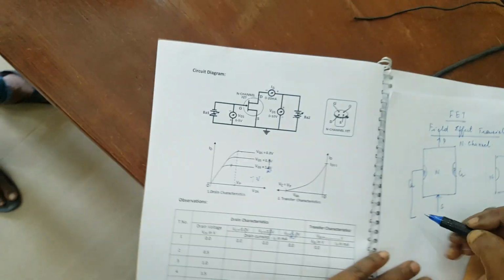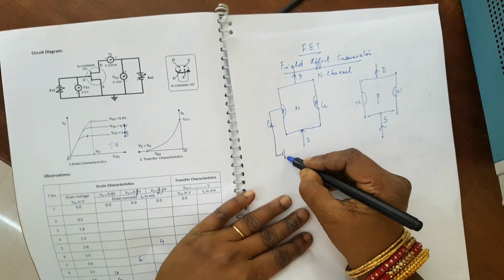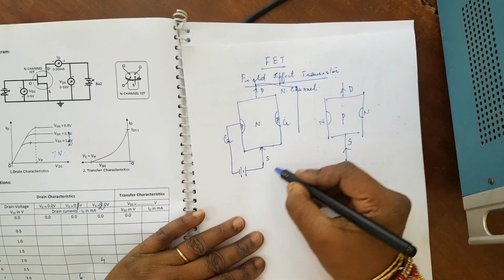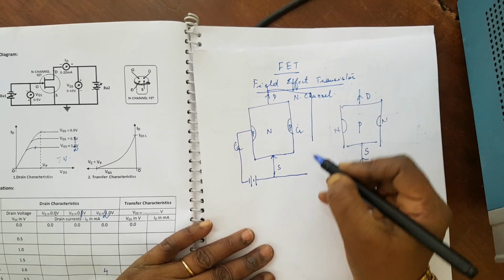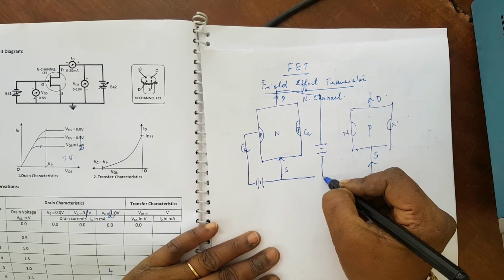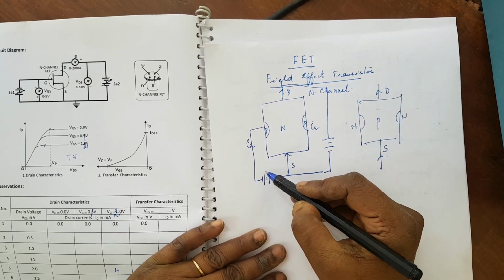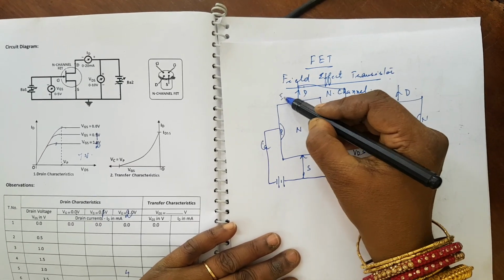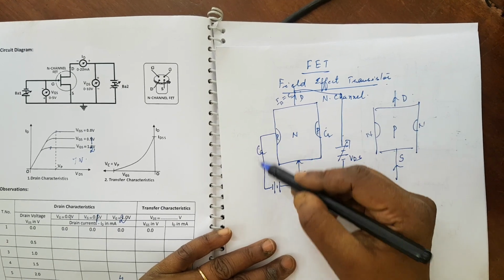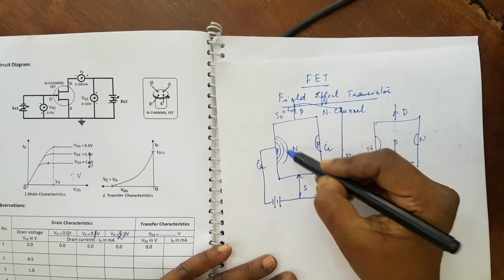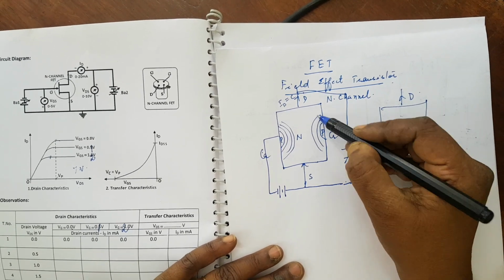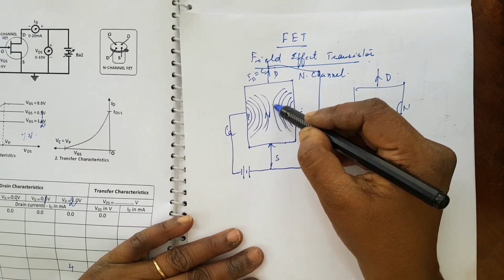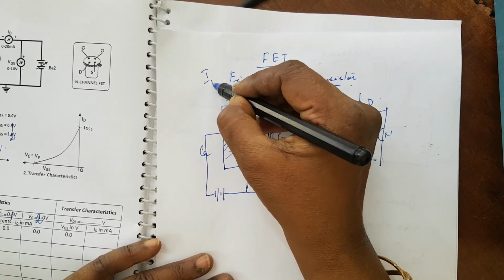This voltage is VGS and the gate is negative, positive, negative, positive, and this is VDS, so this would be positive, negative. So what happens when you keep VDS constant? Naturally ID will be constant, and when you increase this negatively, the width of the junction goes on increasing, and finally there is no transfer of current. That's why ID will become 0.